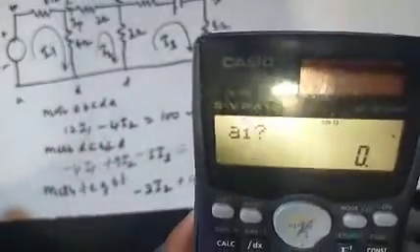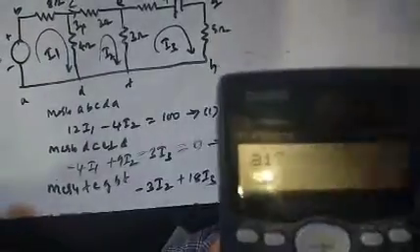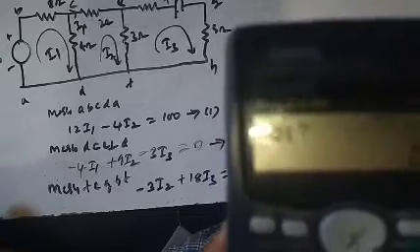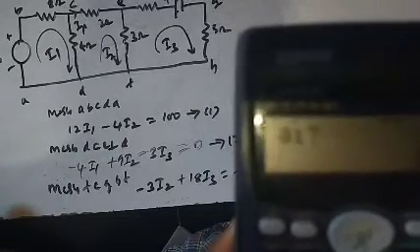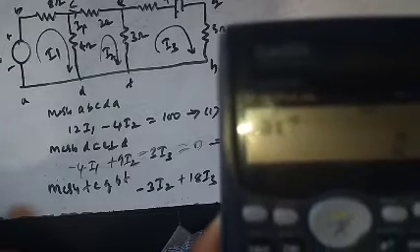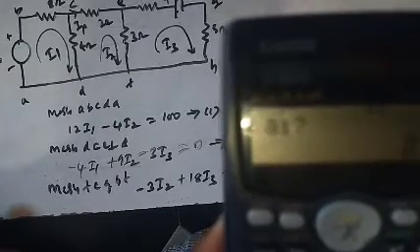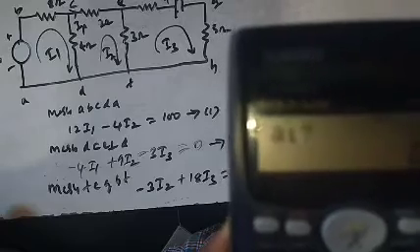What is the value of A1? The value of A1 is 12, B1 is minus 4, and C1 is 0 because C1 is the coefficient of I3, and D1 is 100.